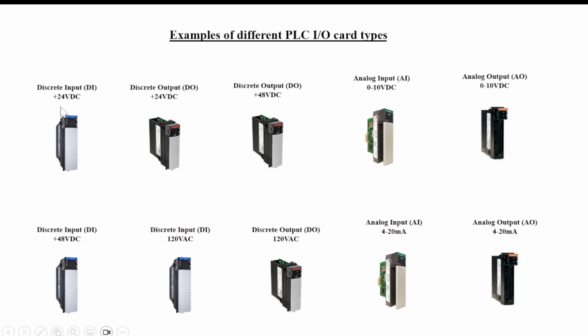And that voltage is in reference to the voltage that the pilot device would use to bring the signal back to the card. Here's discrete output. There are 3 of them, 120, 48, and 24. Analog input, 0 to 10 or 4 to 20. And analog output, 0 to 10 or 4 to 20 milliamps. We'll talk about these analog values in a different presentation.